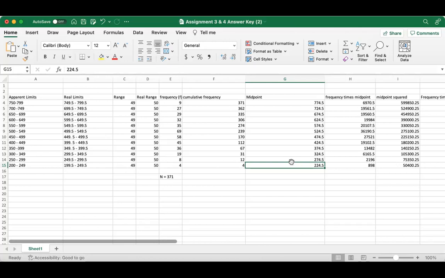All right, so E8 times G8, frequency times midpoint.